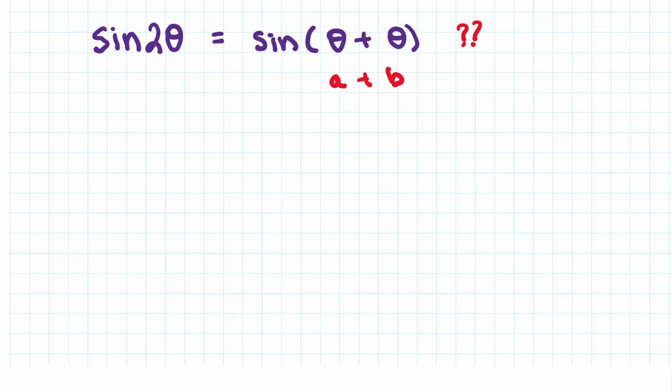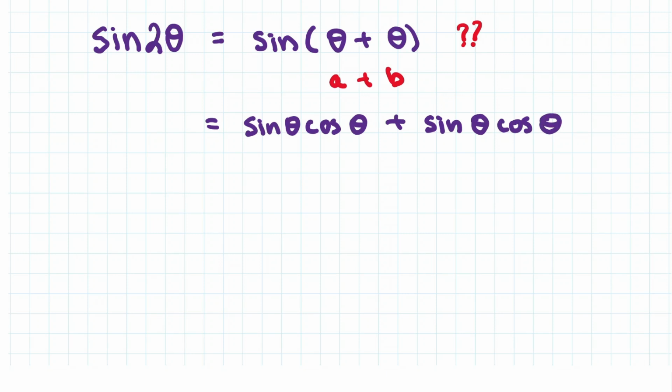So essentially we can apply the compound angle identity to solve for this. So if I do that, my problem now becomes sine theta cos theta plus sine theta cos theta by the compound angle identity.